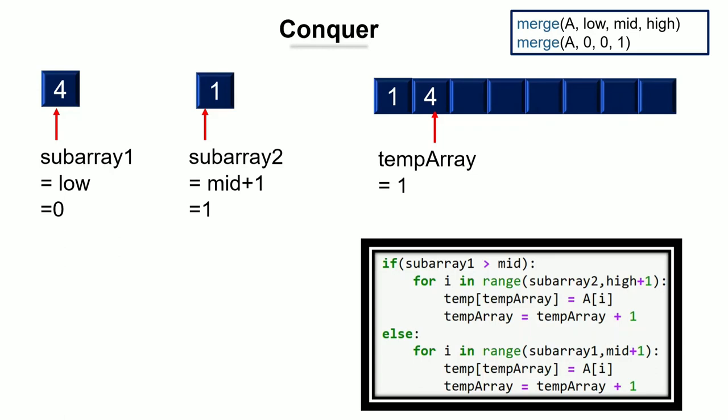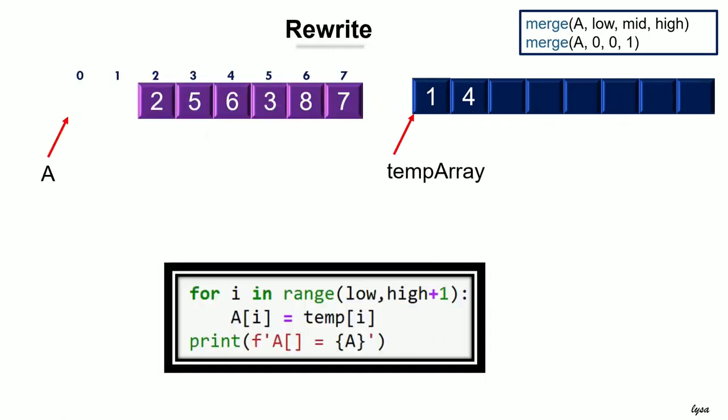Now the temporary array has the sorted list 1, 4, which is after sorting the left sublist and the right sublist. Now we have to rewrite into the original array what is in the temporary array. So in A of 0, we write temp array of 0. So 1 is written first and then 4 is written.